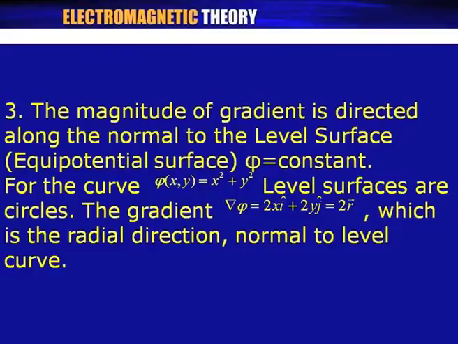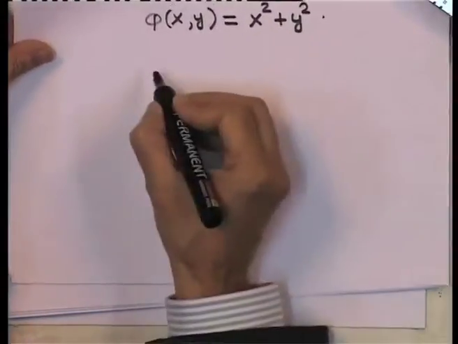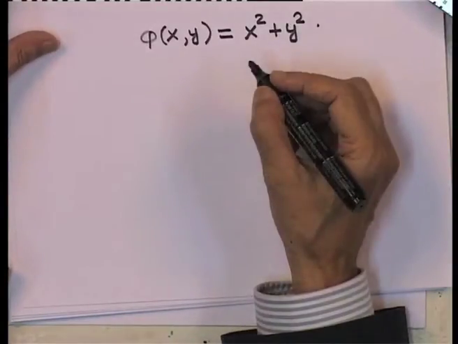Now, for the function phi of x, y, x square plus y square equal to constant gives me the level curve. But what is x square plus y square equal to constant? This is nothing but a family of circles, the circles in which a flat plane cuts that picture that I showed you some time back.